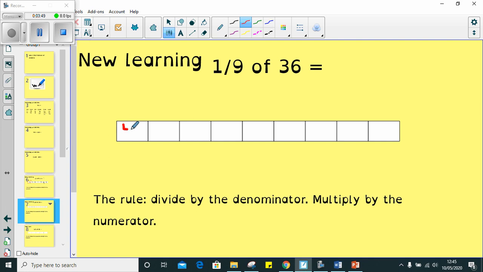So I would put a 4 in each one of my little boxes: 4, 4, 4. And again, I only want one piece of it. So 1/9 of 36 is equal to 4.